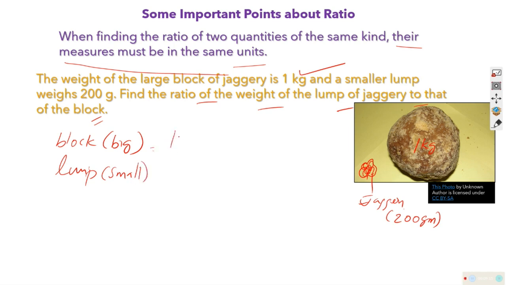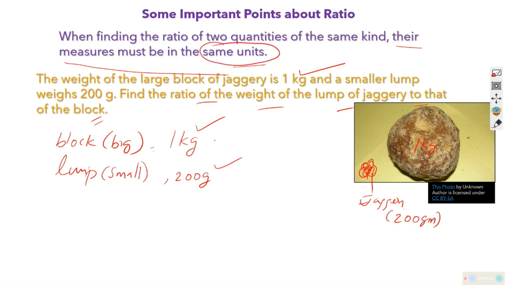The block is of 1 kilogram, lump is of 200 gram. So by number 200 is big, but the other one is 1. But by unit, this is kilogram, this is gram. This is what is meant by quantities of the same kind. Their measures must be of the same unit.